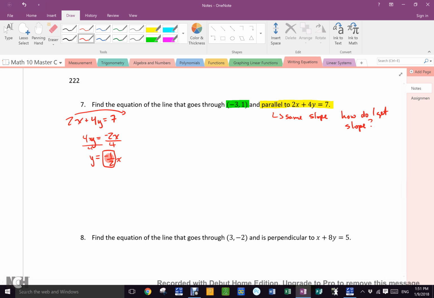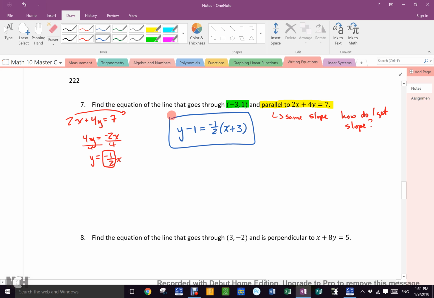Yeah. And I have a point. So what form am I going to use? Point slope form. What would it be? Y minus 1 equals negative 1/2 x. X minus minus 3, which would be x plus 3.